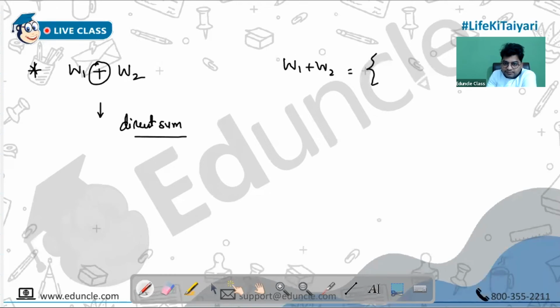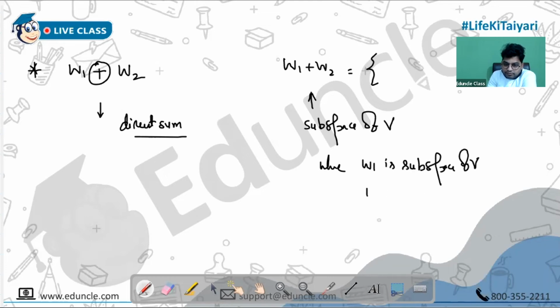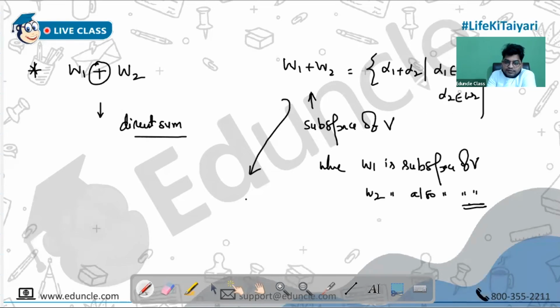This is a subspace of V, where W1 is a subspace of V and W2 is also a subspace of V. W1 plus W2 is the set of all alpha 1 plus alpha 2, such that alpha 1 belongs to W1 and alpha 2 belongs to W2, and we have proved that this is a subspace, and this subspace is generated by W1 union W2.